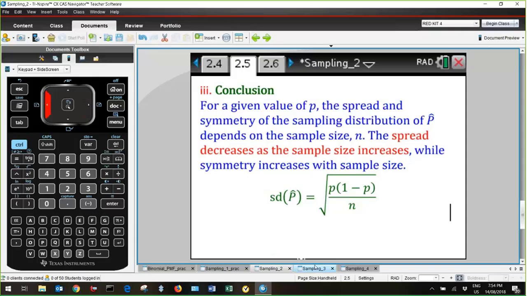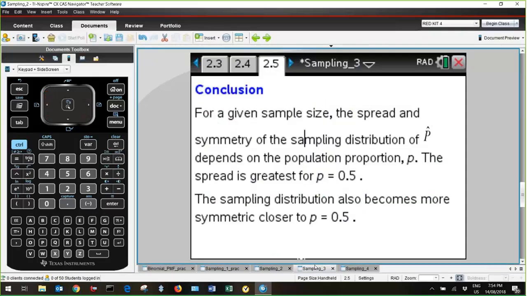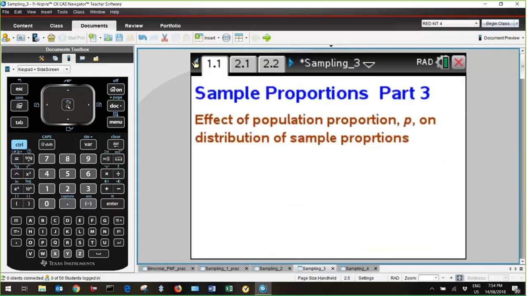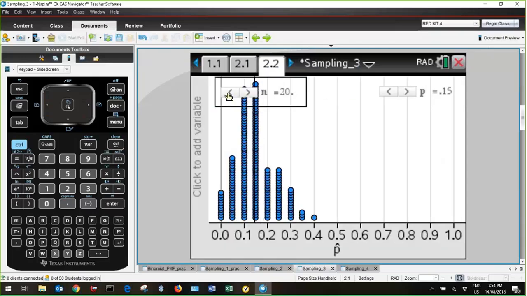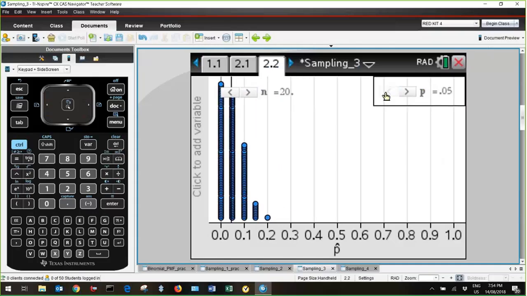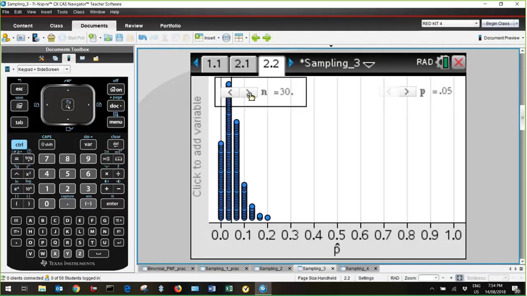And next, now let's go back to the beginning. Okay, the effect of the population proportion on the distribution of sample proportions. So this time I'm going to vary it. With a sample size of 20, I'm going from 0.05 as the population proportion, not very symmetrical, although if we increase the sample size, it actually does become more symmetrical, even for fairly extreme p-values.